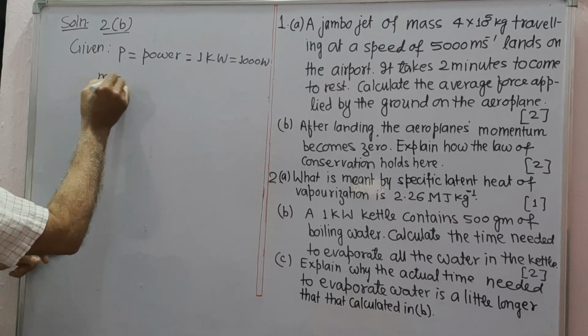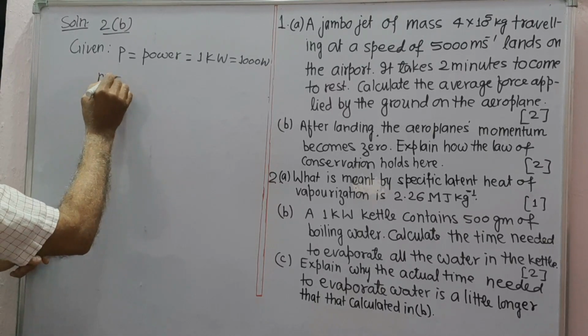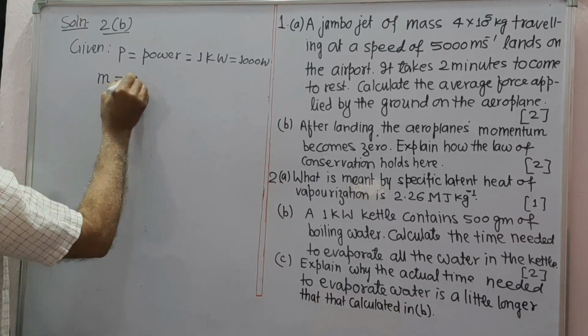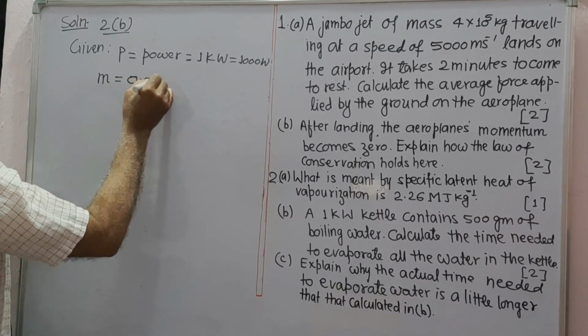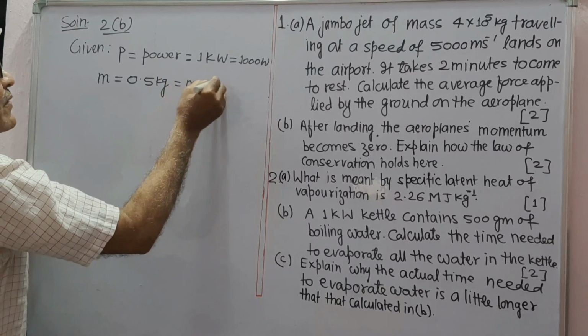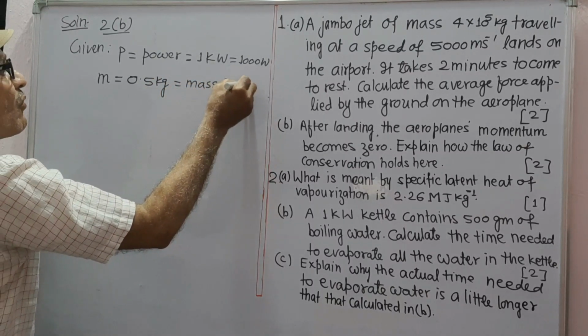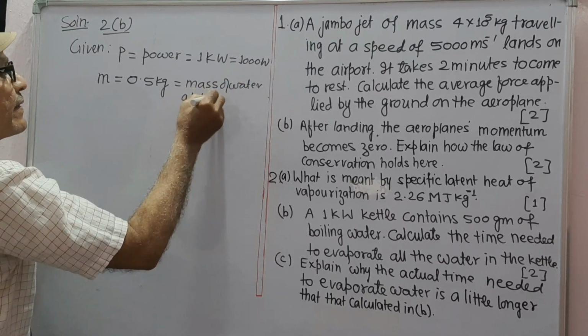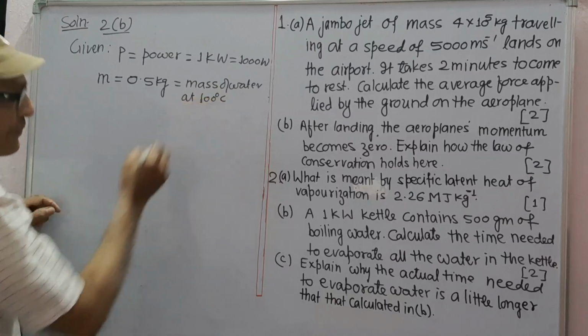Mass of water is 500 gram means 0.5 kilogram. This is mass of water at 100 degree Celsius.